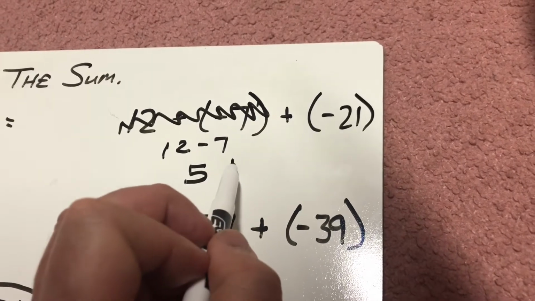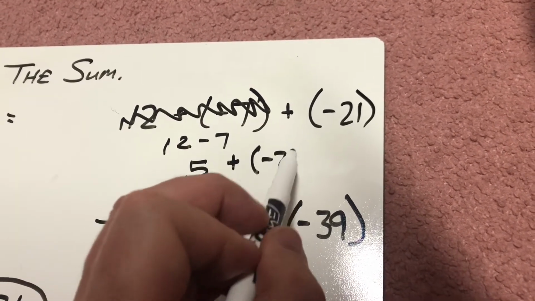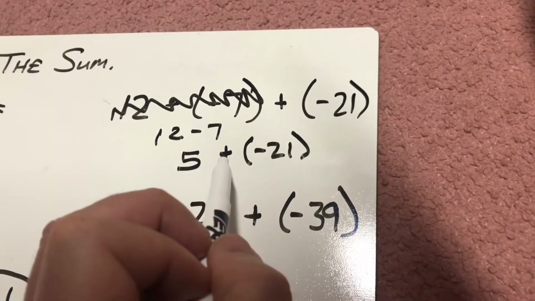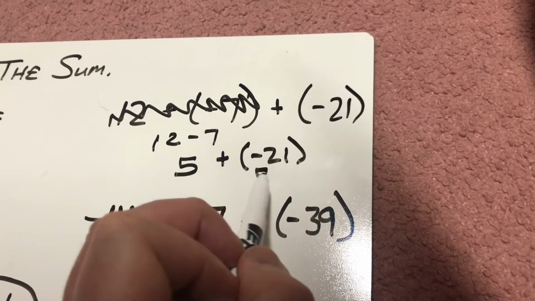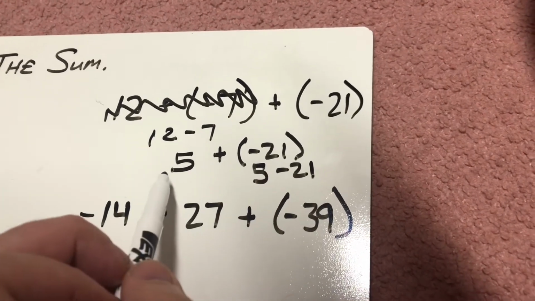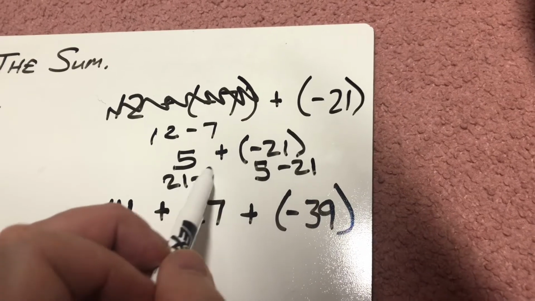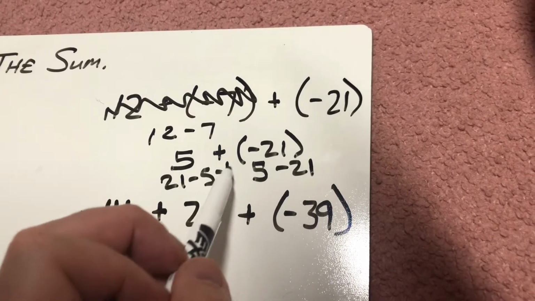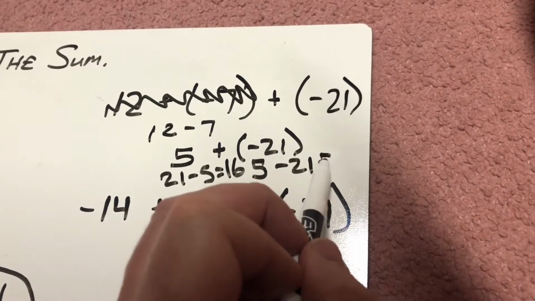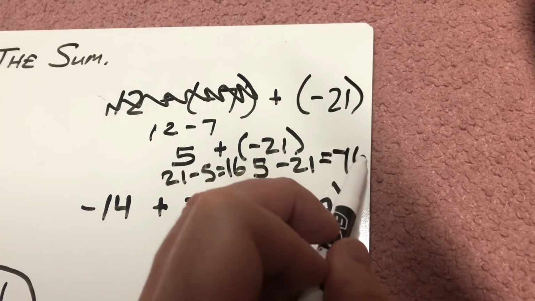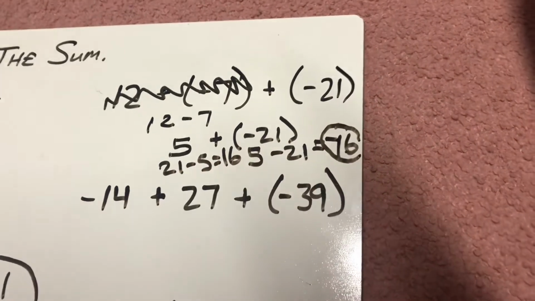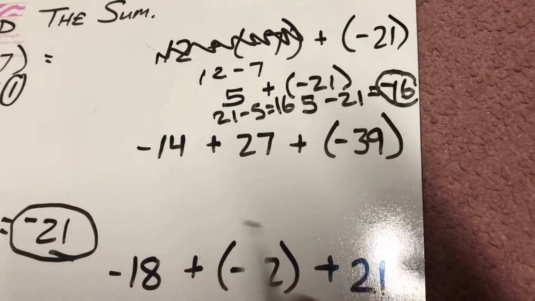Now I'm left with 5 plus negative 21, which essentially means I'm doing 5 minus 21. If I think of it as 21 minus 5, I know that 21 minus 5 equals 16, which means that 5 minus 21 equals negative 16. Moving right along.